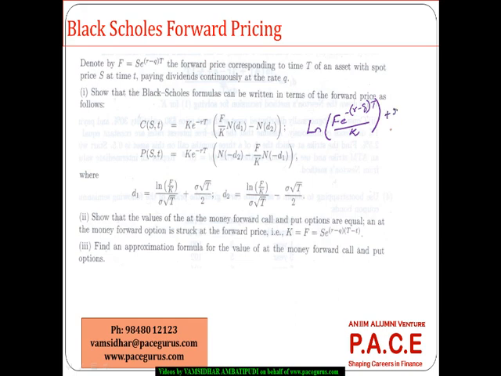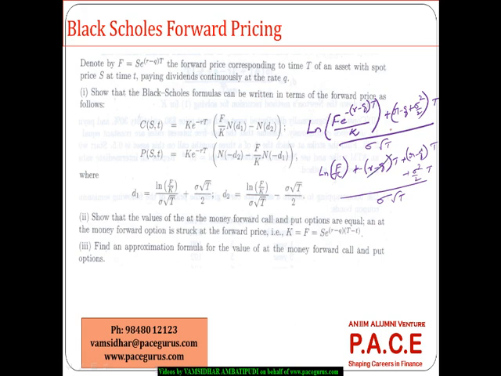log S naught by K plus (r minus q plus sigma squared by 2) times T, divided by sigma root T. So what I can write here is log F by K, plus log e to the power minus (r minus q) into T, which becomes minus (r minus q) into T, plus (r minus q) into T plus sigma squared by 2 into T, divided by sigma root T. So this and this go off, giving me log F by K plus sigma squared by 2 T, divided by sigma root T. So I can expand it as log F by K divided by sigma root T, and this gets evaluated as sigma root T by 2.